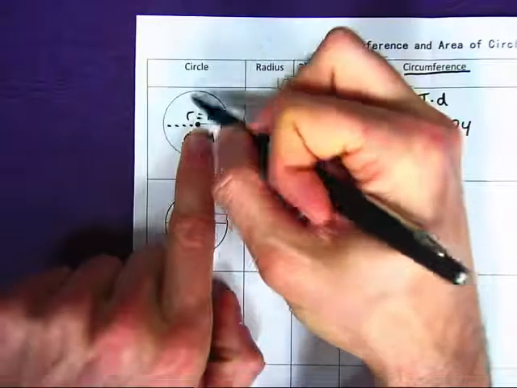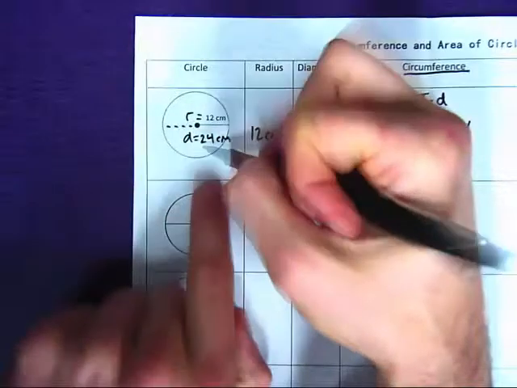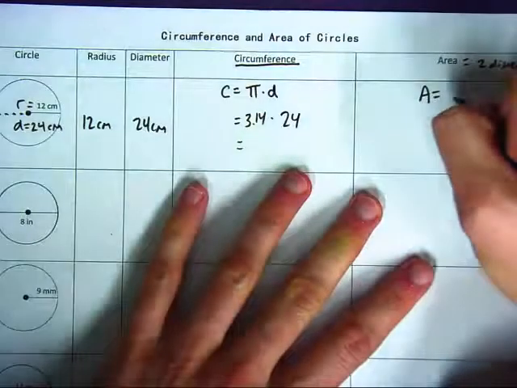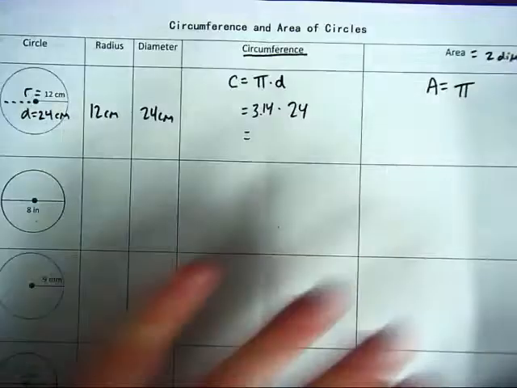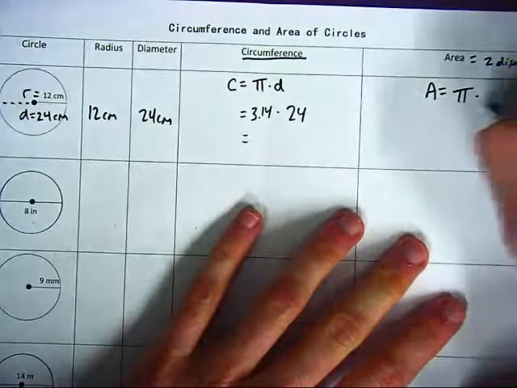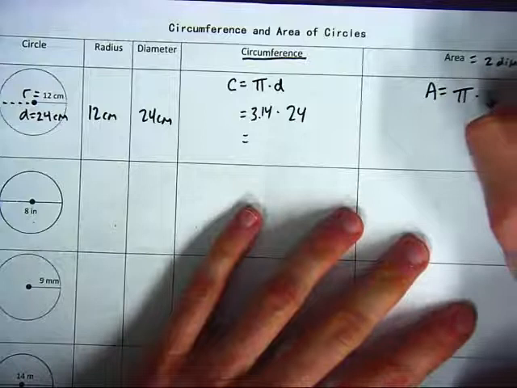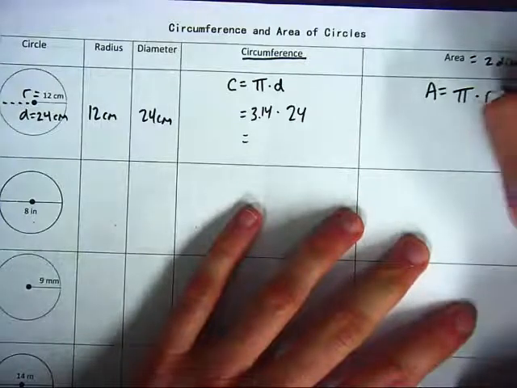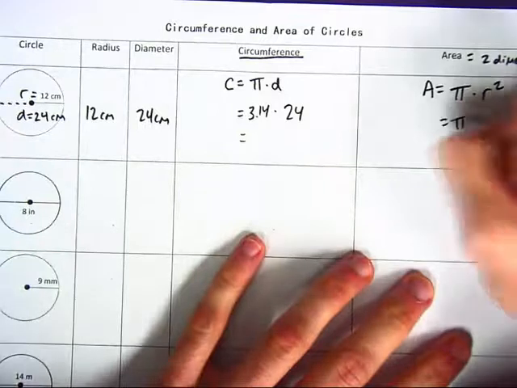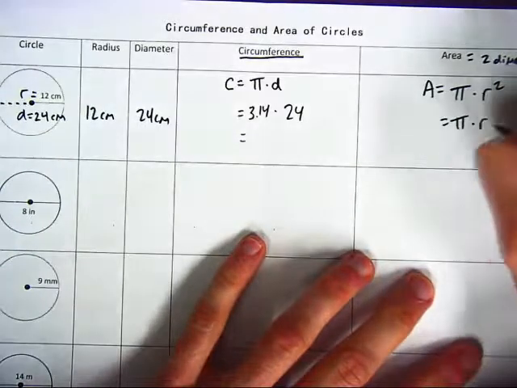But there is a distance here and a distance here, and it's the same. Weirdly, you can still use pi, but instead of base and height, we're going to use the radius two times. Another way to write it is pi times radius times radius.